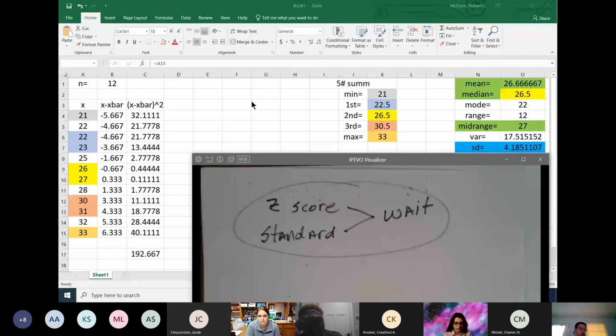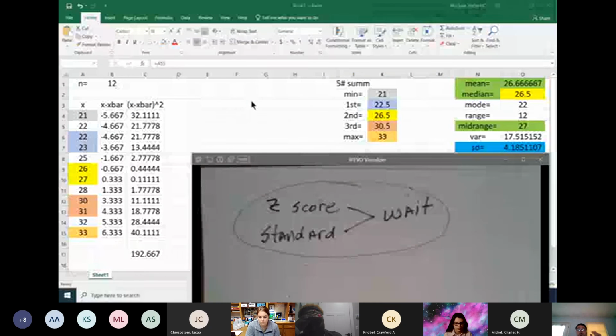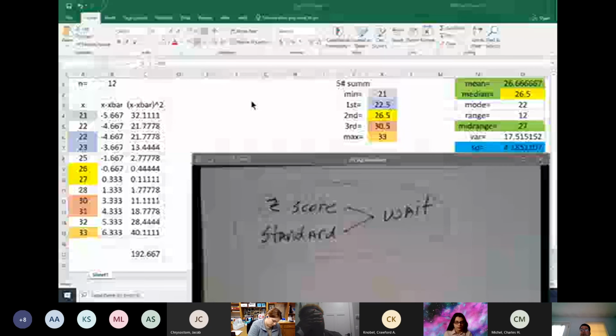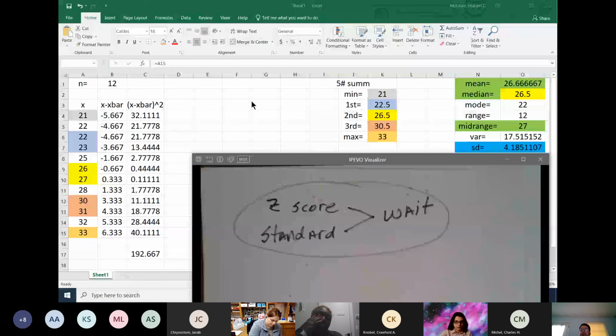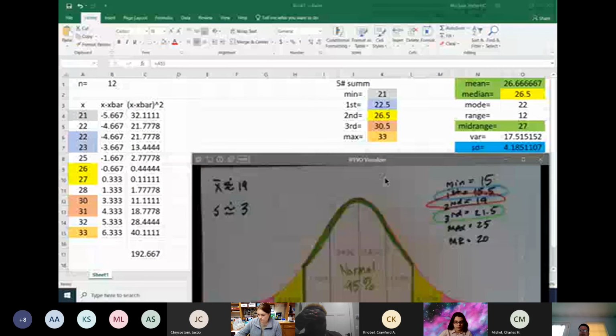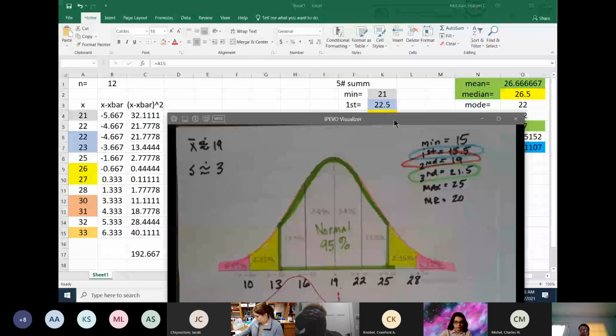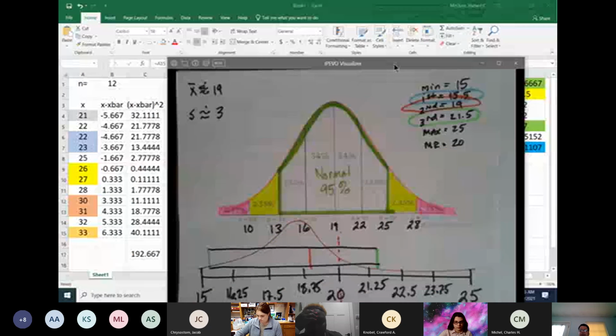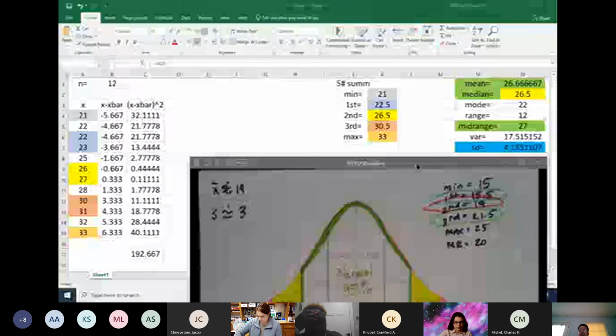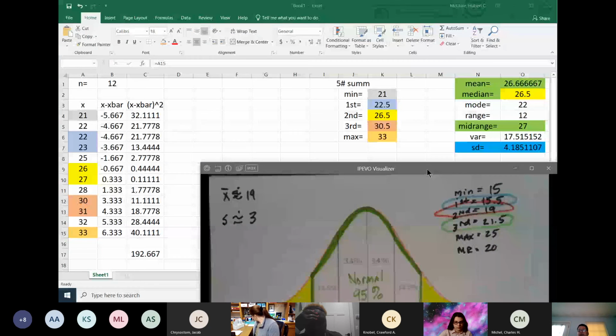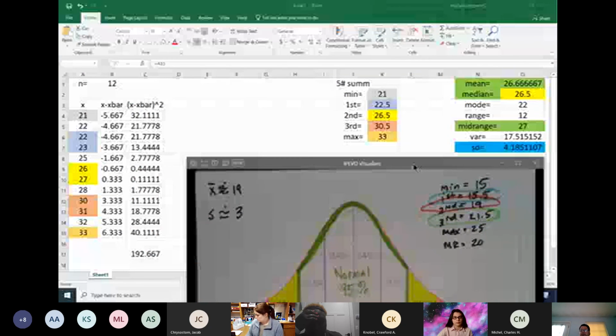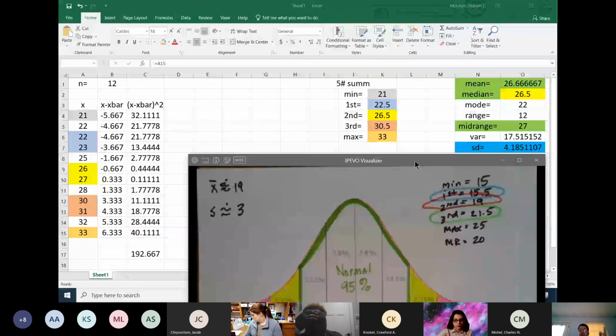All right, so just wait on that. You should be working on 3.1, 3.2, and 3.4 right now over the weekend. Those questions will basically ask you one of these things that we've covered today: a box plot, a normal curve, empirical rule, 5-number summary, mean, median, mode, range, mid-range, variance, or standard deviation. It's going to ask you one of those things, or two of them, or all of them. I doubt very seriously all of them.